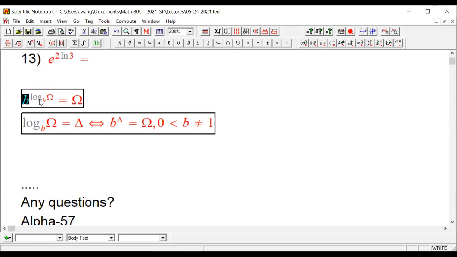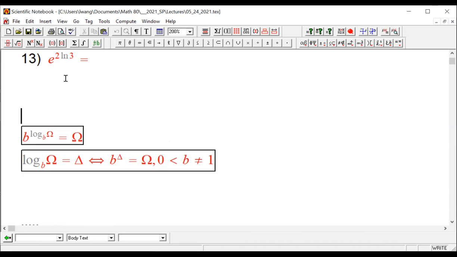This exponential base and log base must match, but the number in front of the log must be 1. Now we have a 2. No, that's not going to work. What are we going to do? All right, I'm going to give you some hint.